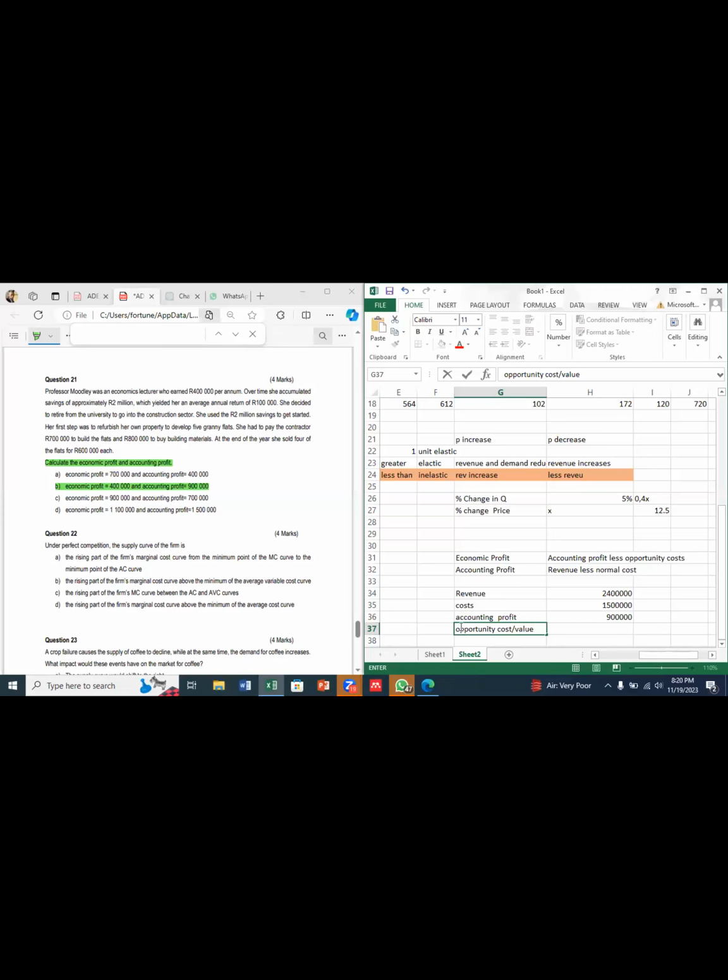Her opportunity cost is the 400,000 per annum that she was going to earn as a professor in economics, plus the 100,000 return on investing the 2 million, because she is not going to be getting both of these, which is 500,000. Then your economic profit becomes that minus that, which is 400,000.